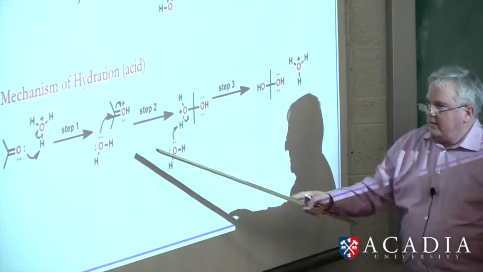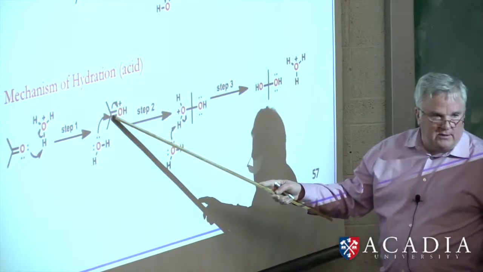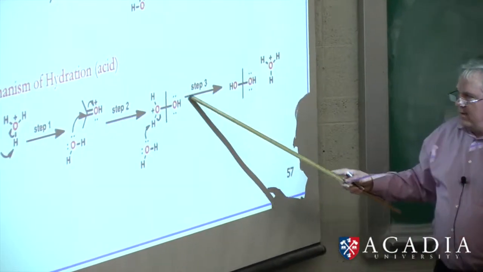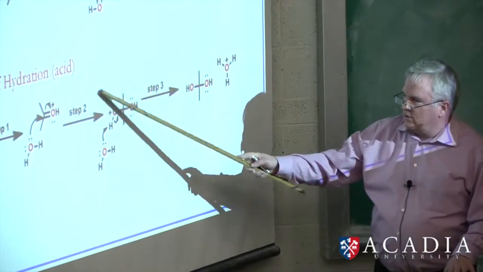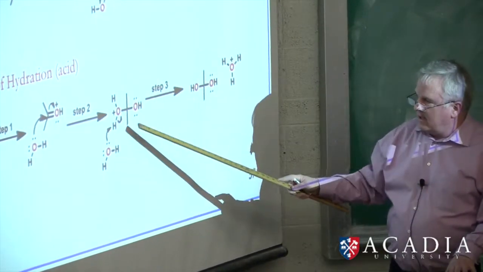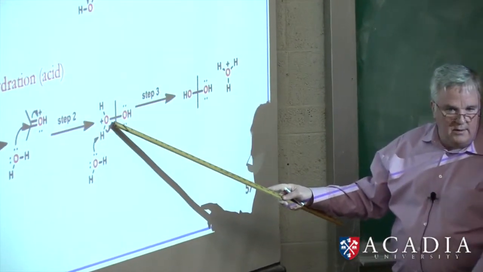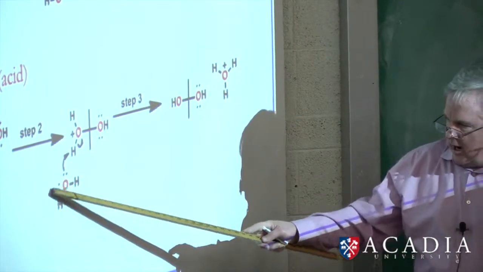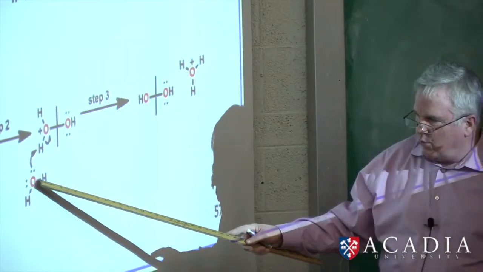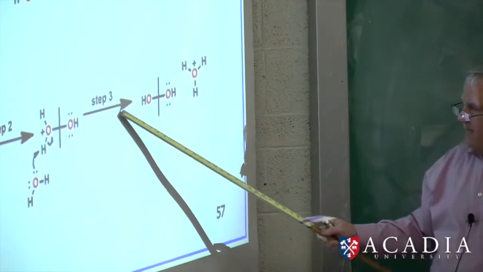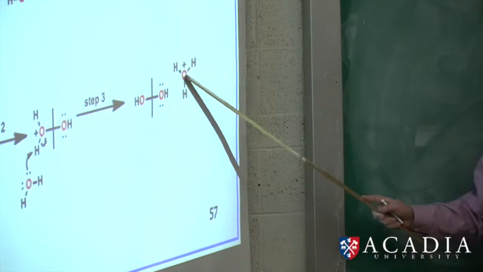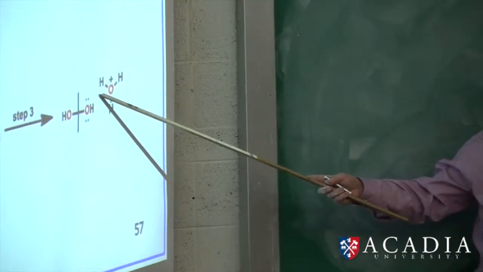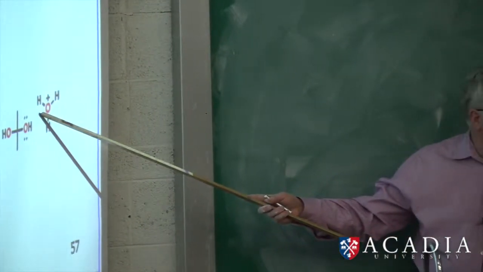Then we get our nucleophilic attack of the carbonyl carbon to form this thing. Notice this thing looks very much like this, and all we have to do is remove that proton, just like we did in the general mechanism. So our conjugate base, in this case water, comes along and pulls a proton off to form our hydrate and reforms the acid. So the acid is a catalyst in this case.